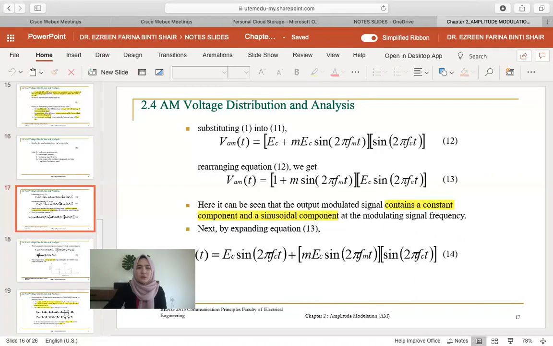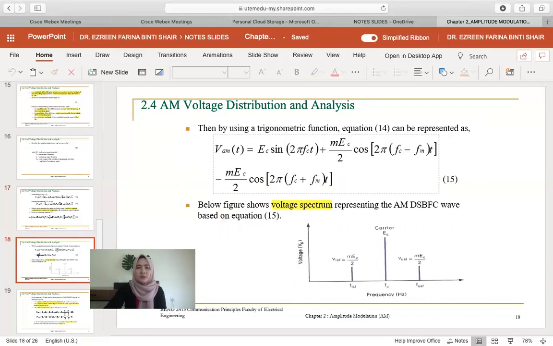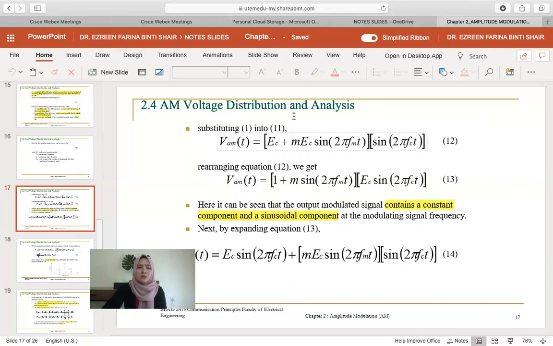If you look at here, this is the equation for amplitude modulated signal, VAM(t), the output of the amplitude modulation. We present it as VAM(t) equals EC plus MEC sine 2 pi FM t, times sine 2 pi FC t.